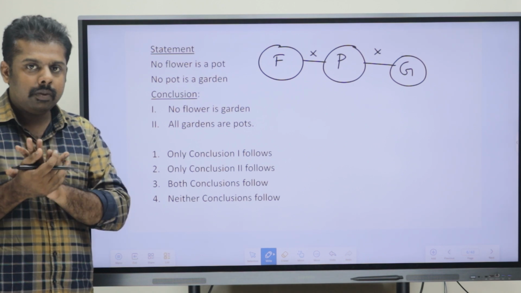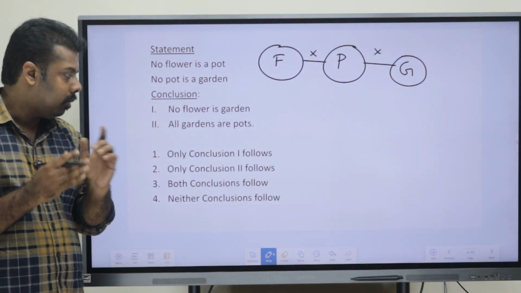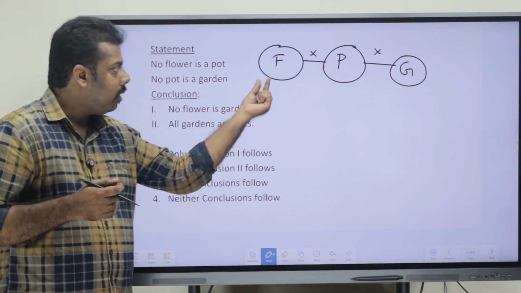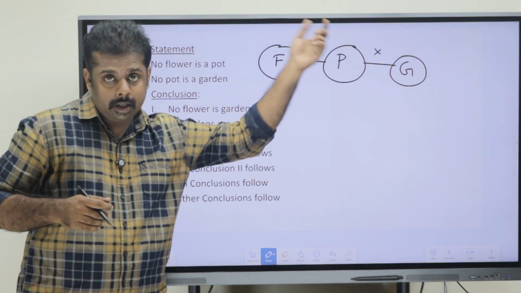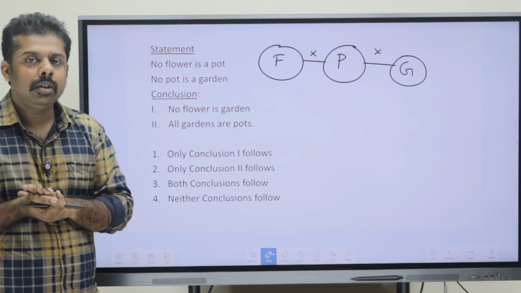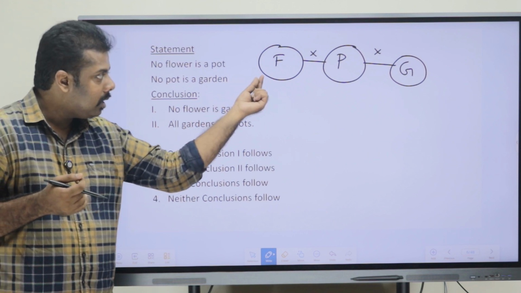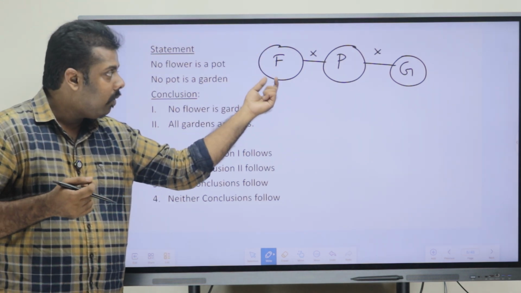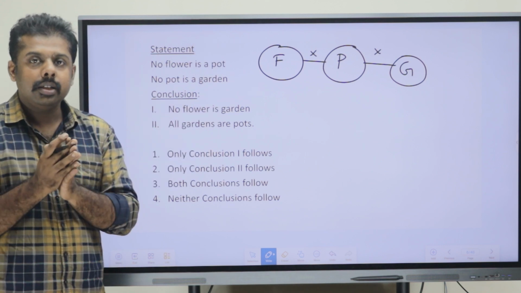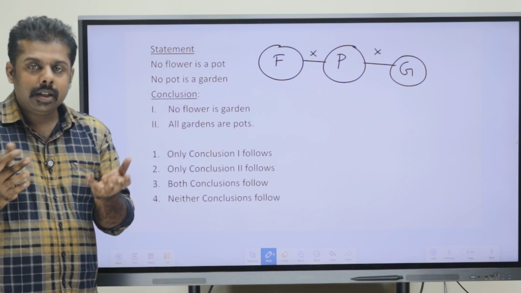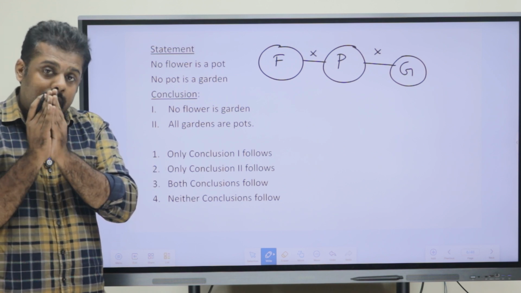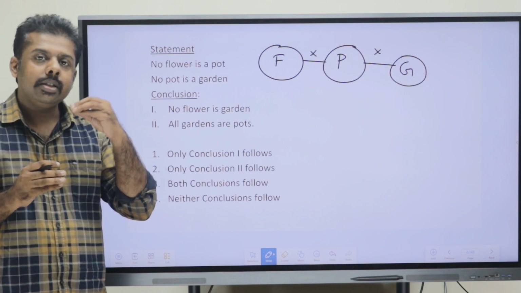So we can just start with the question now. What does the first conclusion say? No flower is garden. As we can see, flower is here and garden is there. Do flower and garden have a direct relation? No. In the statement part, flower and garden don't have a direct relation. If we don't have a direct relation, can we say any relation between them? No. We can't say it is right or wrong.